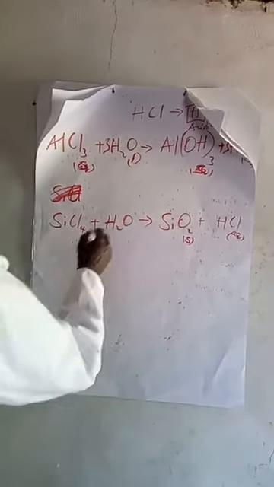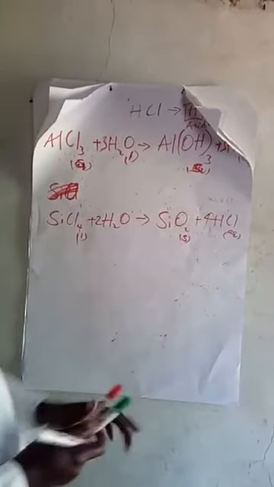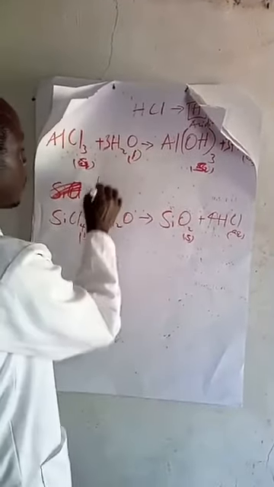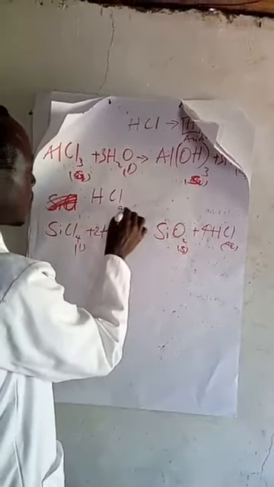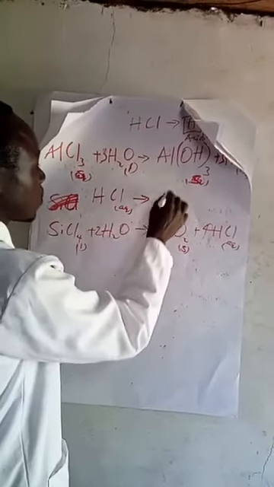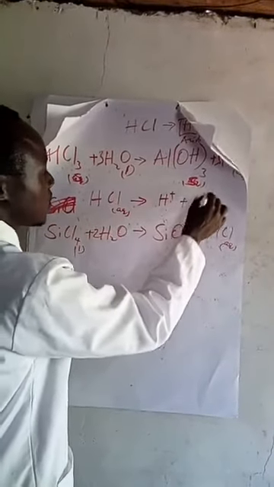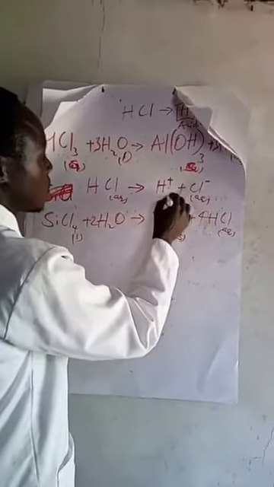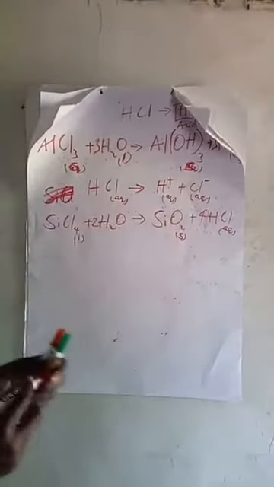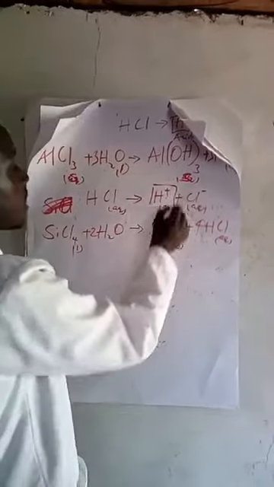You have 2 and 4 there. As we said also, this one breaks down or dissociates in water. So you have HCl. When it dissociates, you have hydrogen ions and chloride ions. The presence of hydrogen ions in the solution renders the solution acidic. The same thing applies to phosphorus and sulfur.